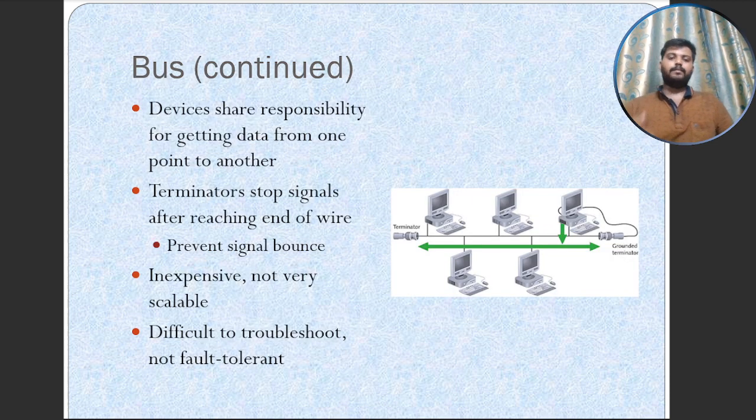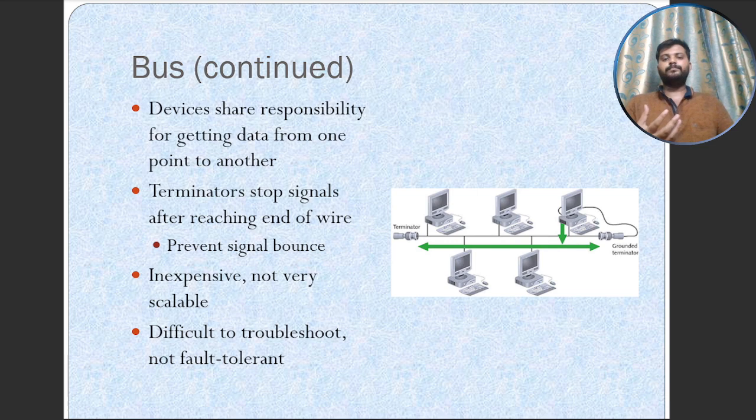So in bus topology, every single device can share that particular backbone. In the network, if a particular device wants to send something to another device, it can send it with this topology.